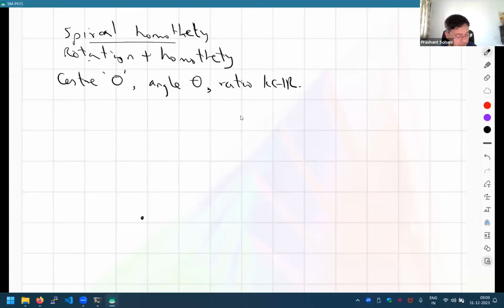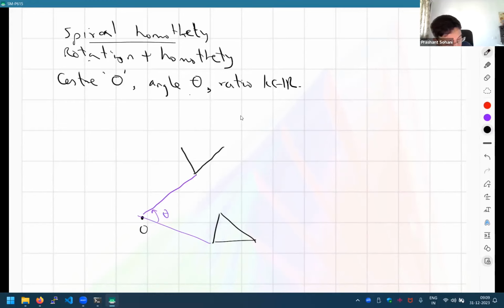So the way it goes is, what is your center of the operation? Let us say you're applying it on some triangle over here. First thing that we will do is apply the rotation. And actually it doesn't matter what you do first. We'll see that. Let us say we do the rotation first. So around the point O, I will apply a rotation of angle theta, so that maybe this will go somewhere over here. So this is theta. After rotation, maybe the triangle looks something like this.